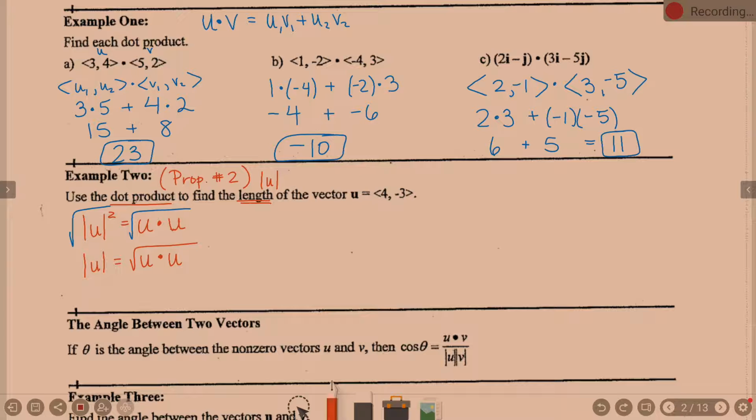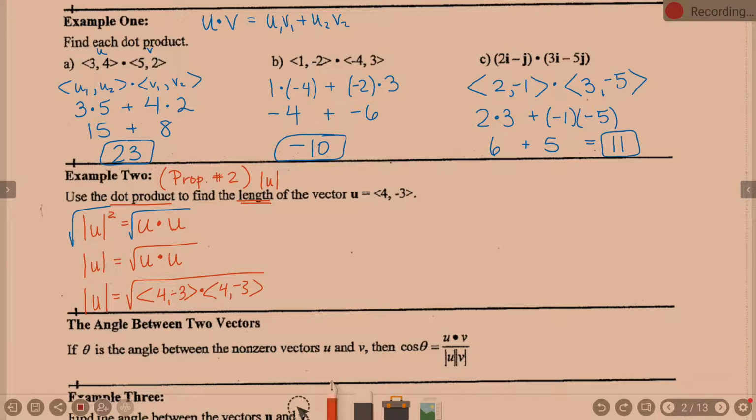What is u? Absolute value of u is equal to the square root of u times u, so we're doing 4, negative 3 times 4, negative 3.